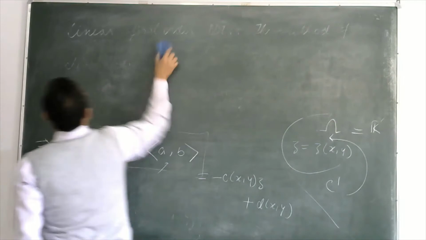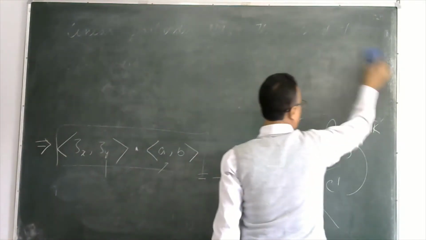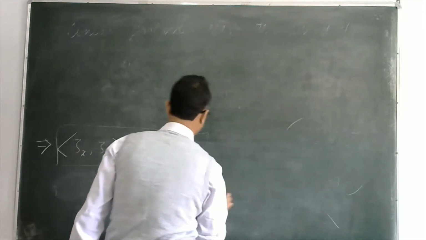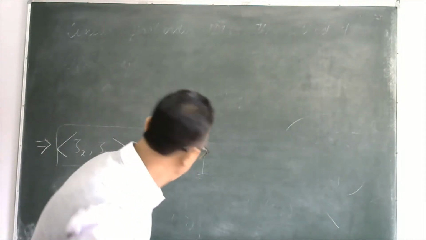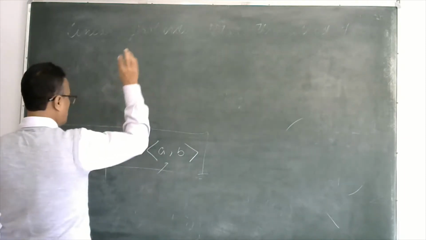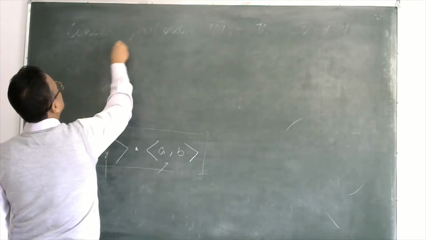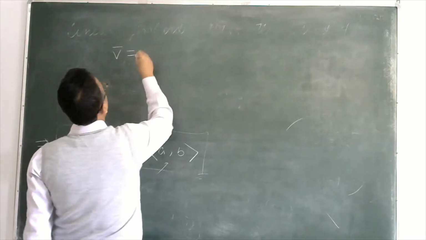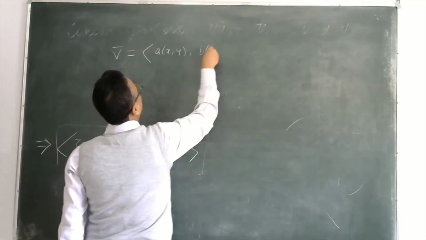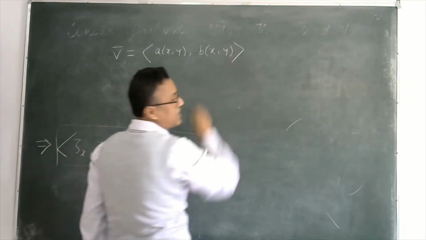Now, suppose v is given by (a(x,y), b(x,y)).